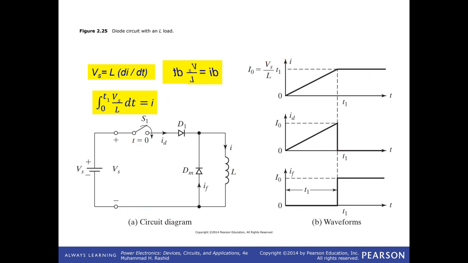So at this point, current rises like this. Without turning it off, current goes up, by the way. Current, without turning it off, is going to increase like this, without turn off.